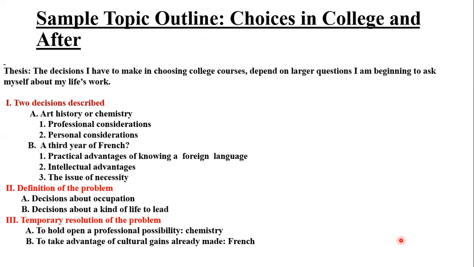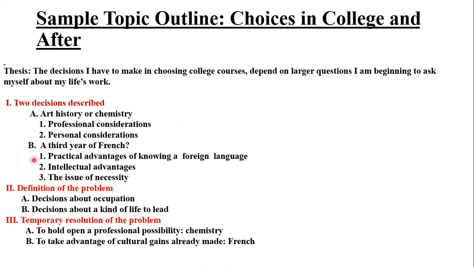Let's have this example. Here you find the two decisions described. A, art history or chemistry. Then this A section is further divided into professional consideration and personal consideration. Once this topic is further divided, then the subsection B, a third year of French.